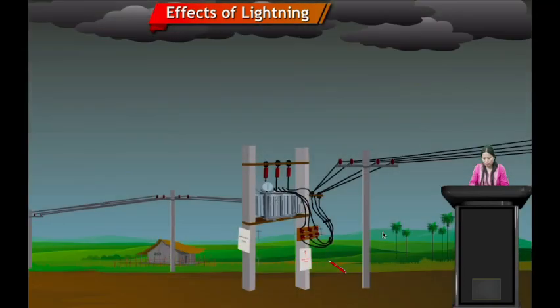And here we see when lightning strikes electric poles, it also damages the electrical system. Yes, students. So sometimes when there is lightning and thunderstorm in our area, the current goes off. It is because the electrical system is being damaged by the lightning.